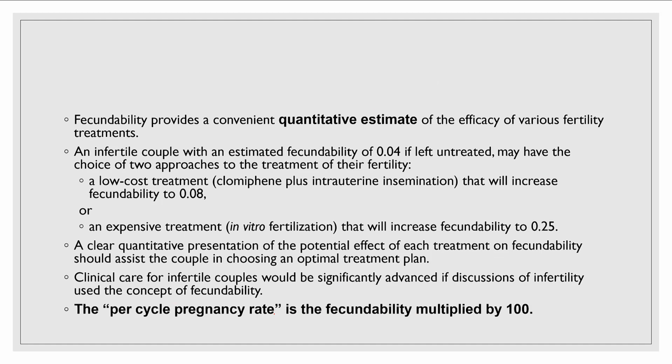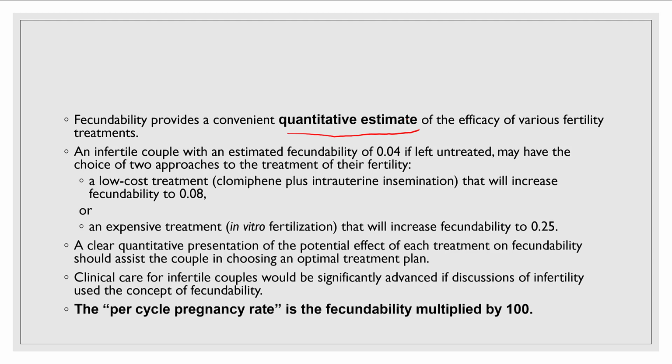So we can have qualitative as well as quantitative estimates of fertility. And this makes our life as doctors easy, because we can estimate the effect of our treatments. We can offer them a better choice.